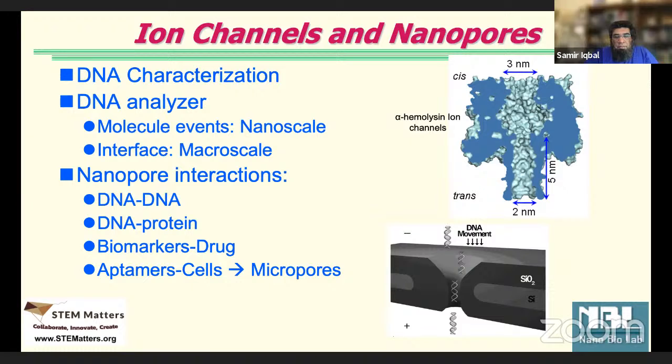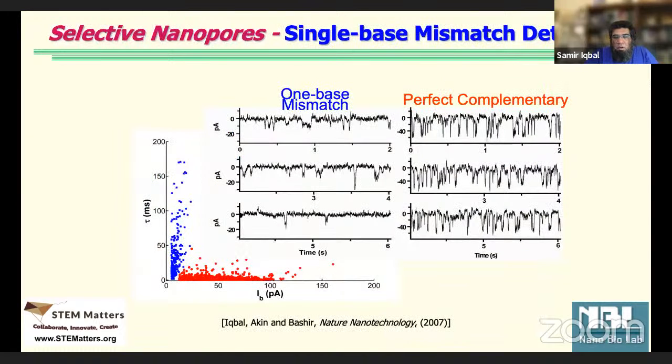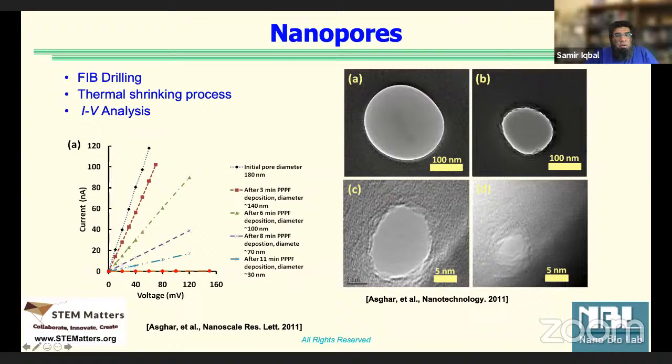So here's an example of an actual nanopore. If you look at this, there's a process. We start with a bigger hole, then we throw energy at it in a transmission electron microscope, and the nanopore shrinks. If you look at the lower right picture, we have a nanopore of 2 nanometers. This open gray area is the opening, and the rest is silicon dioxide or silicon, depending on whatever it is.